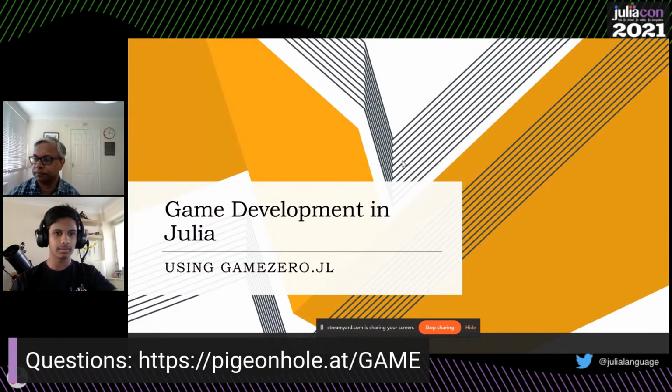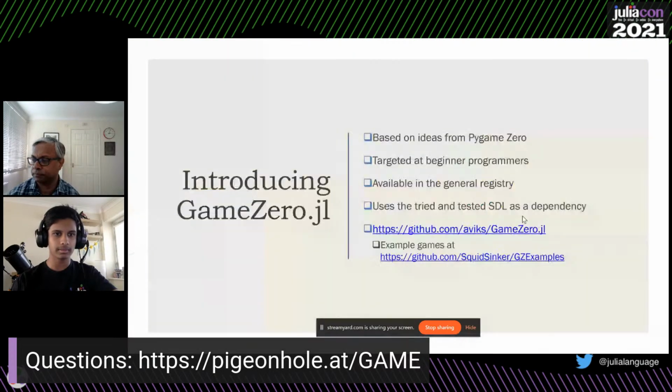Yeah, if you could switch to the next slide. Right, so GameZero is, as Alex said, a package designed for demonstrating simple game development in Julia. It was designed primarily for beginners. It was made to teach children or people who haven't been coding for long, to teach them Julia as a way to expand the user base of the language.